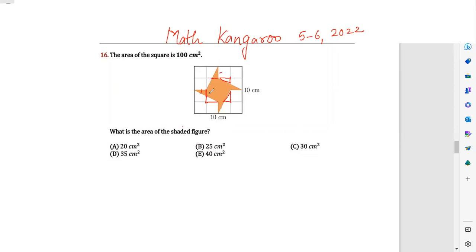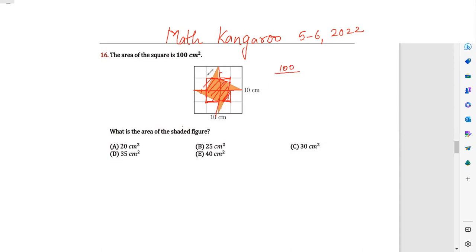So if I fit these four triangles here, I'll get a perfect square in between. And if you draw them further, the whole square is divided into 16 further squares, and this is the shaded part. So the total area is 100.